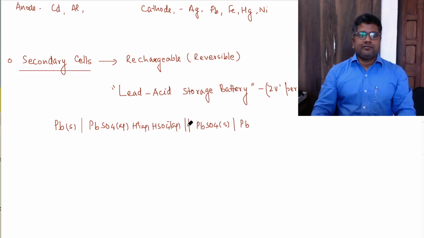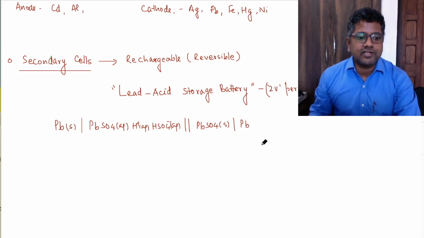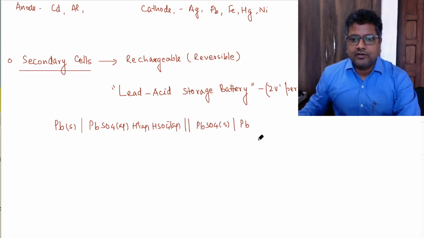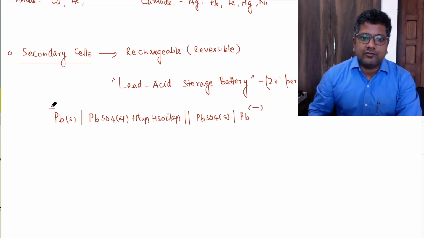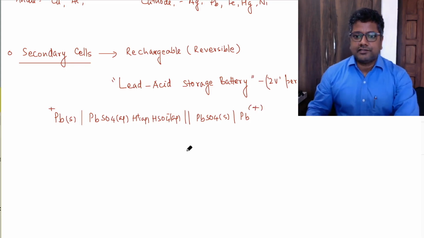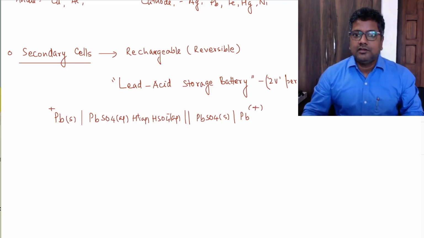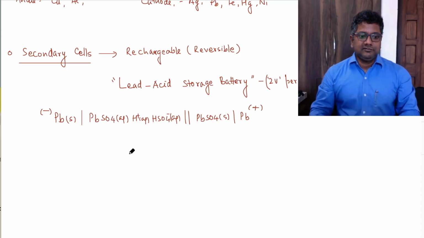So which type of cell are you looking at? This is a type of concentration cell, right? So this is cathode and this is anode. Again I am making a mistake. This is cathode and this is anode, right?